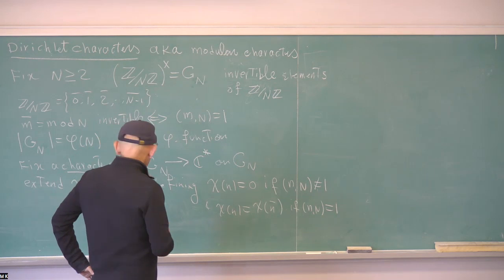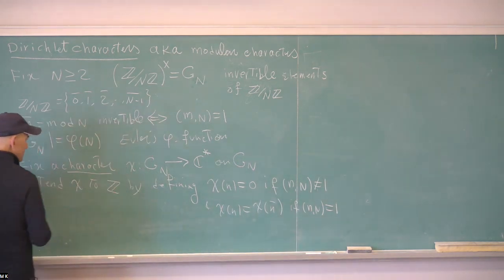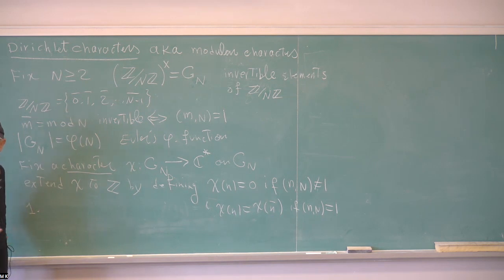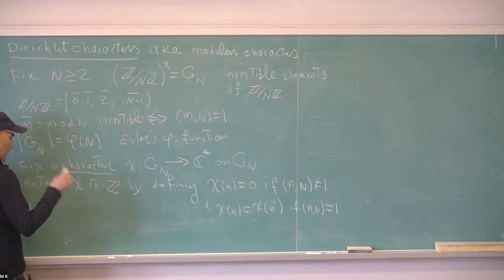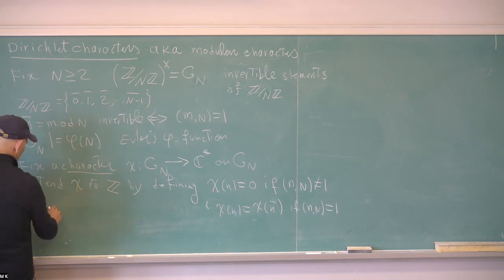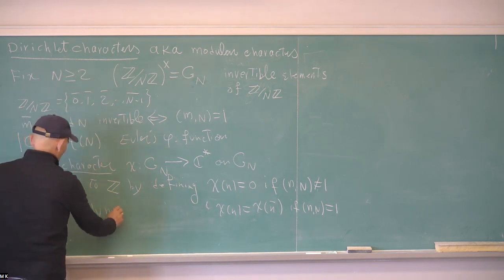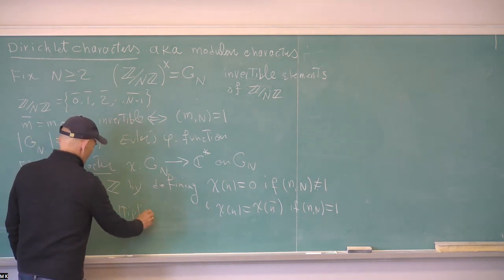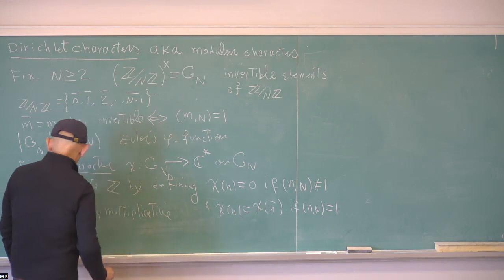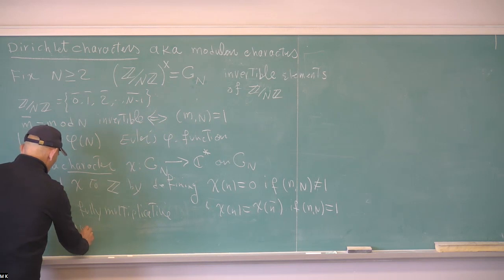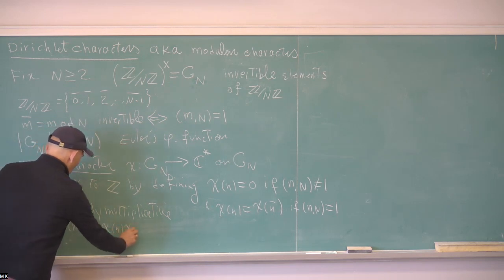Then this has some nice properties. One property, and this is part of one of the assignments, maybe assignment 2, I think, I assign you to do this. That's very easy. It's just a moment of thinking. First of all, this chi is fully multiplicative, in the sense that, as we define, chi of nm is equal to chi of n chi of m.